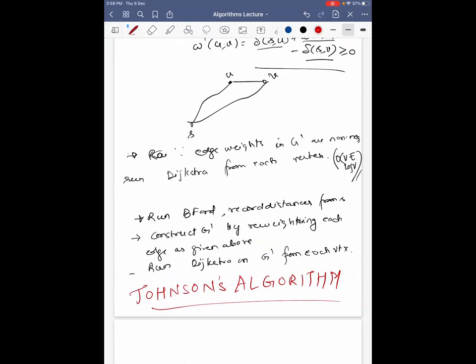But I do know that it is definitely useful when it comes to sparse graphs. Can you just say what a sparse graph is? Sparse as in your number of edges is of the order of the number of vertices. So E is of the order of V.